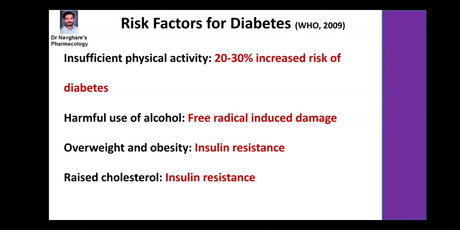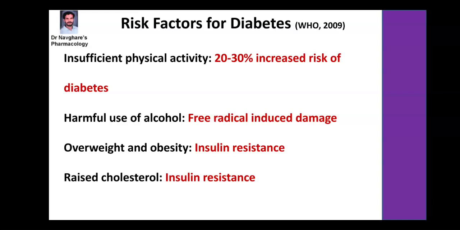Second risk factor is harmful use of alcohol. So consumption of alcohol and cigarette may increase the chances of diabetes as they produce free radicals, and free radical induced damage may disturb physiological function of the pancreas.